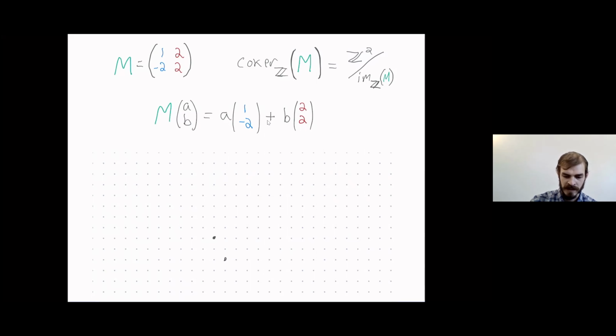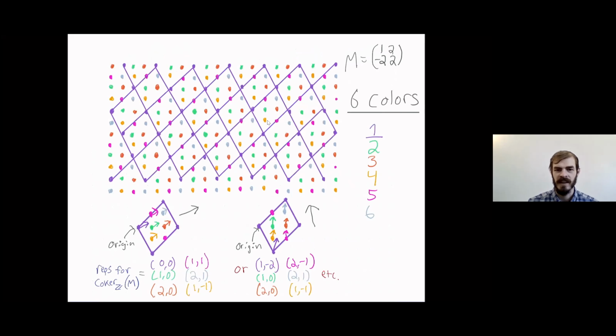So like all these points you can get to by adding integer linear combinations of the first column, and then you can get to these points by taking the second one, and we get this whole lattice of points that are all in the same equivalence class of this co-kernel of M. And if we did this a bit longer, then we get something that looks like this, where you have 6 different colors, one for each equivalence class, which is telling us that the size of that co-kernel is 6.